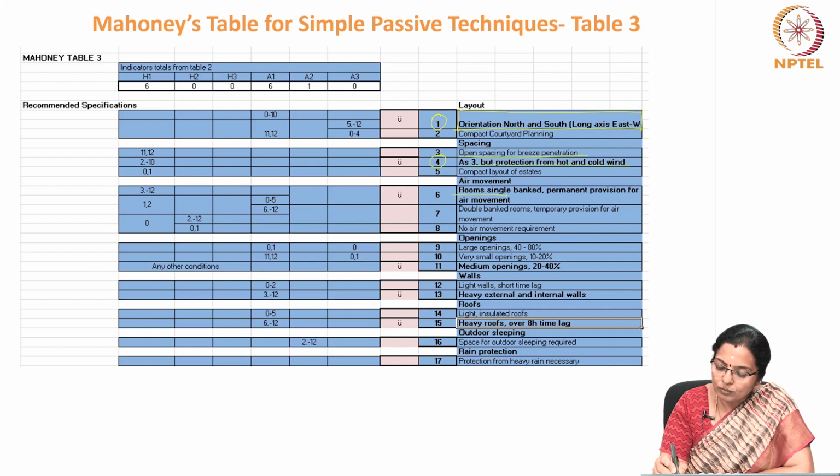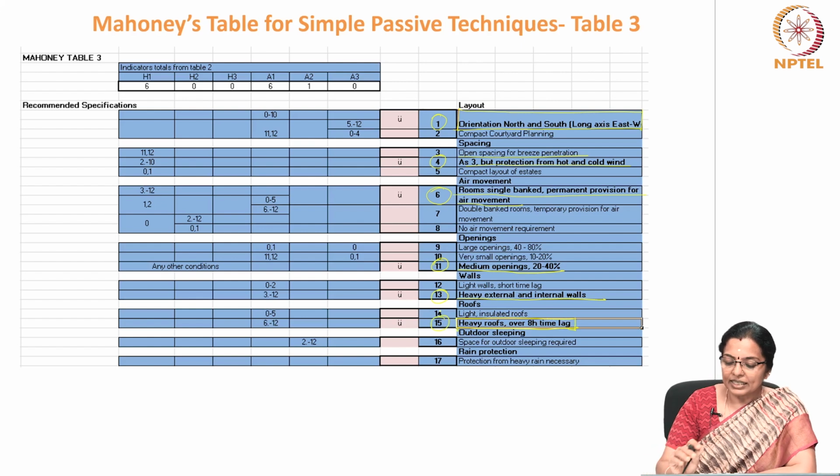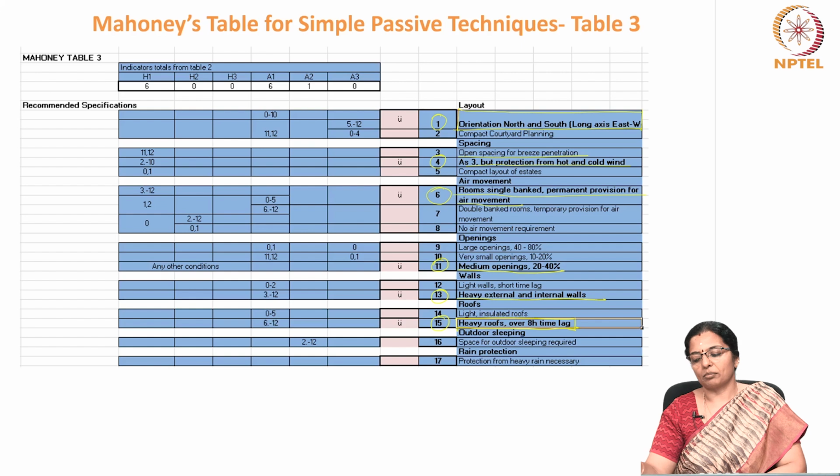The rooms must be single banked with permanent provision for air movement. Openings can be medium sized. The walls must be heavy, external and internal walls. Roofs must be heavy with 8 hours time lag. These are the broad criteria as given by Mahoney's table.